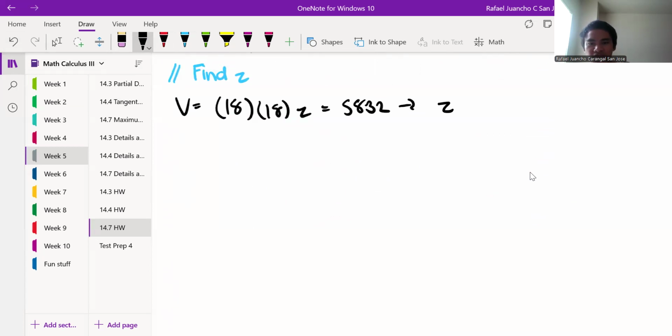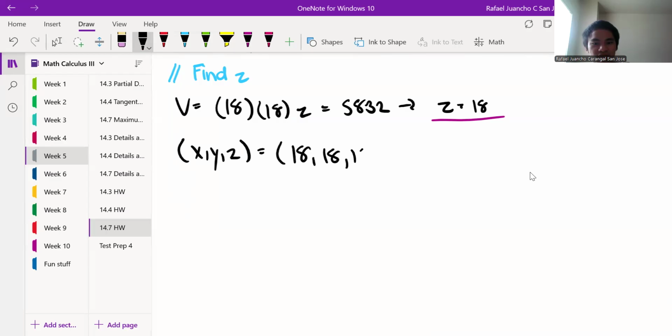And here we also get z as 18. And so that means our dimensions of that box in terms of x, y, z is just everything 18. That's my answer.